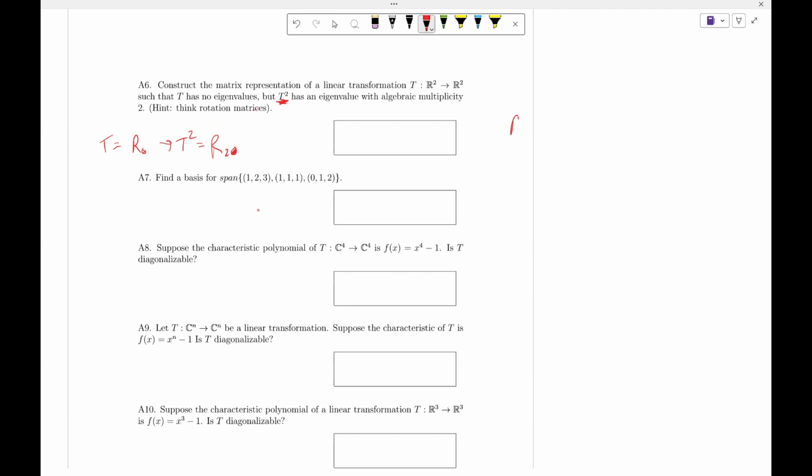Because we showed that r theta of r phi of xy equaled r theta plus phi of xy. You add those angles together. So we're going to do 2 theta.